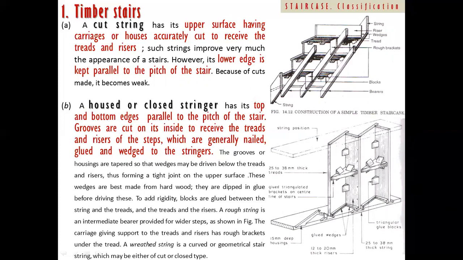You can see here, that is how you can tighten this, and whatever gaps remain, so that it should not get displaced, you can see this triangular material, that is called the wedge. So we can insert wedges. The dimension of this stringer will be around 25 to 30 mm thickness, around 3 to 3.5 centimeter.